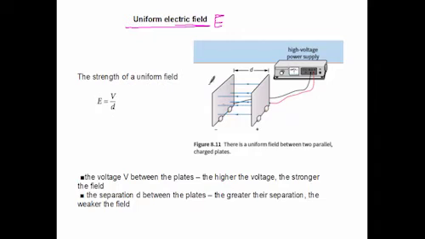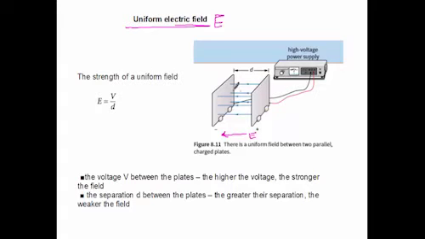So we have a negative charge plate and a positive charge plate. And here, as we know, the direction of E will be from the positive to the negative.